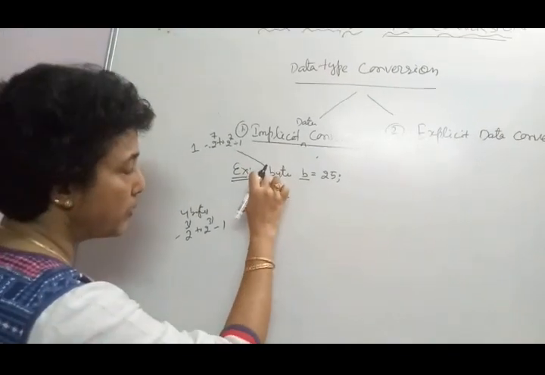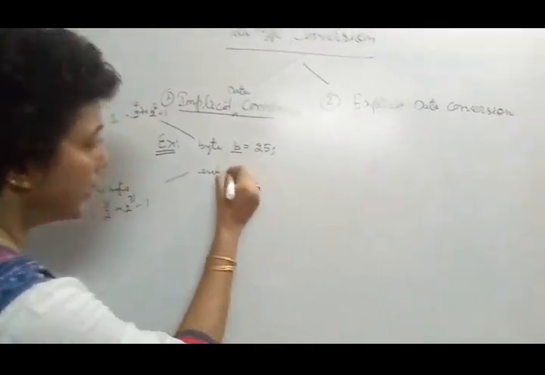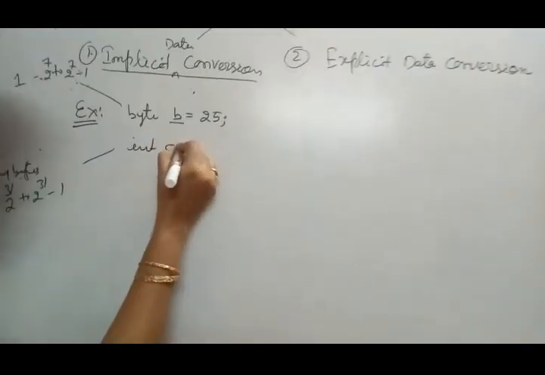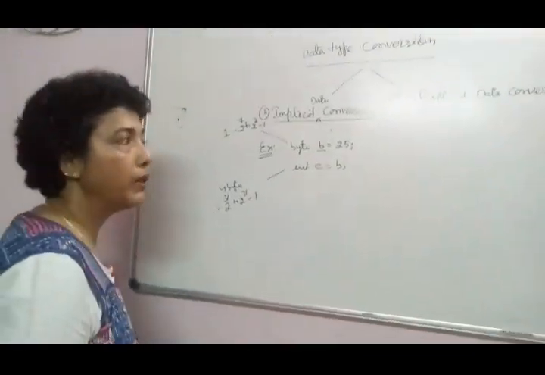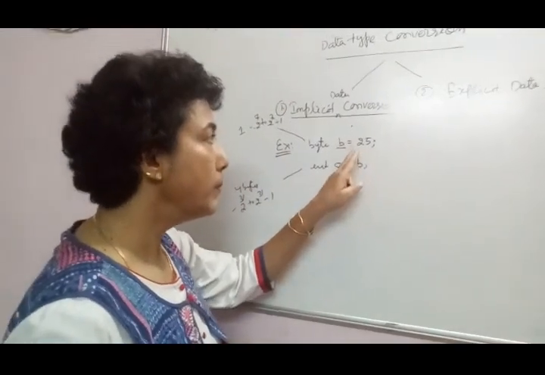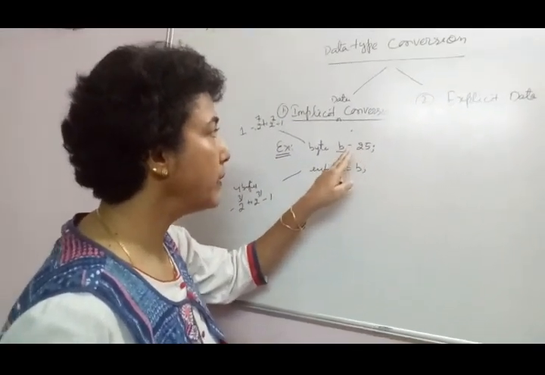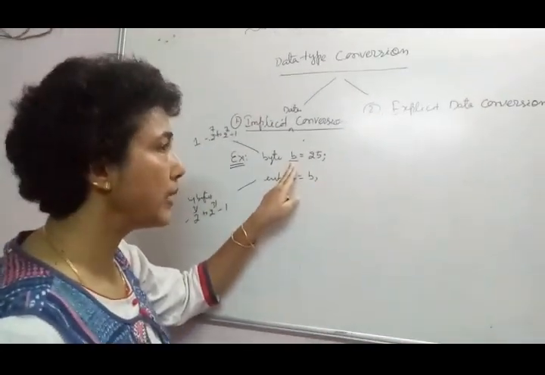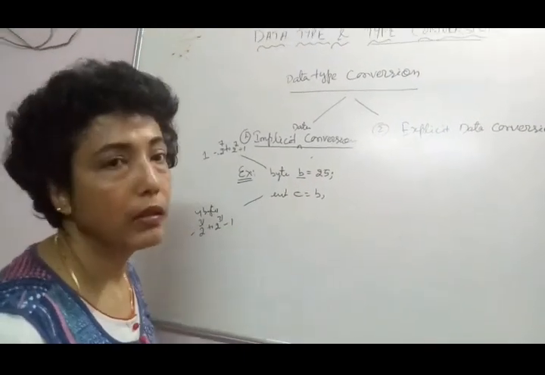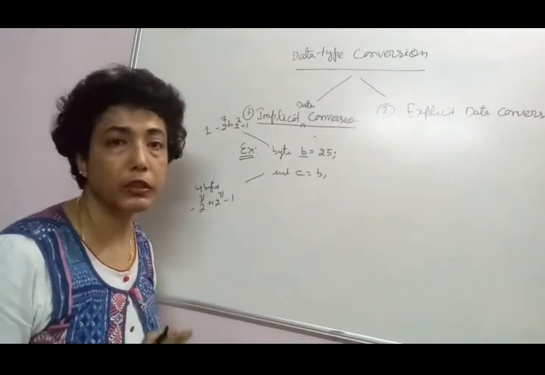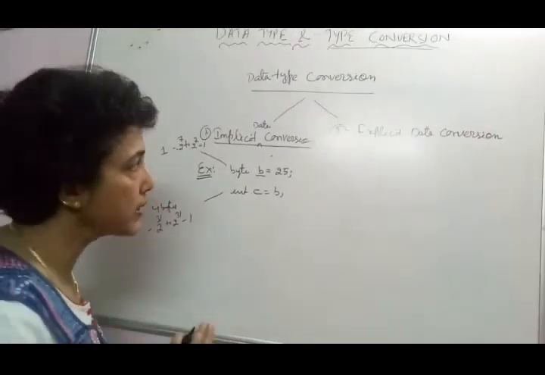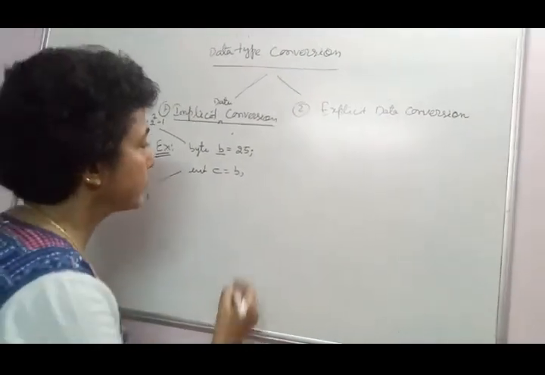So this is smaller and this is higher. So simply I can write int c equal to b. If I write this, the compiler will automatically convert this 25, originally stored as type byte, into integer type. There will be no loss of precision or value in this type of conversion.